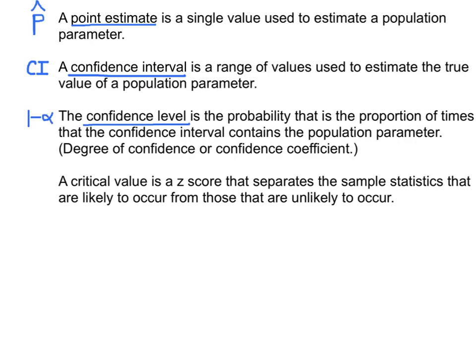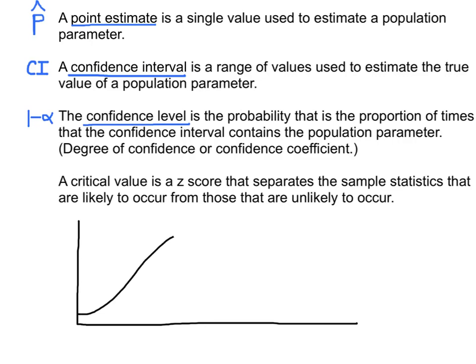1 is 100%, and we subtract alpha, where alpha is the area to the left and the right of our normal distribution. Let me draw a graph down here, and I want you to imagine this is a normal distribution.